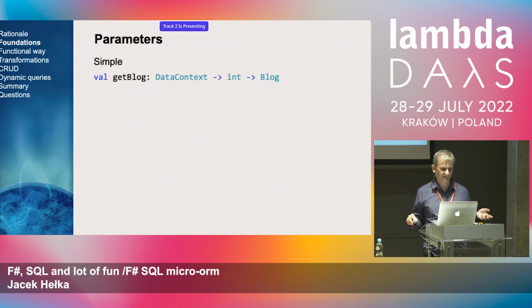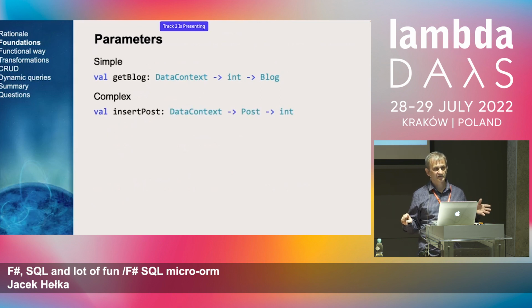They will represent various kinds of keys. Complex values like records are of course important, because it's nice to have a record type to insert into a database or to update.